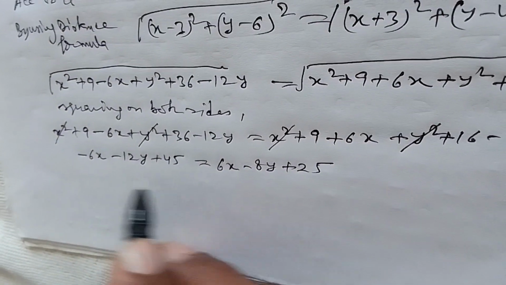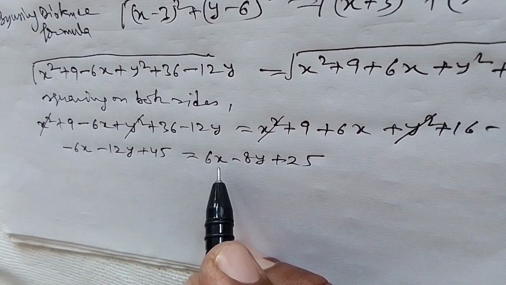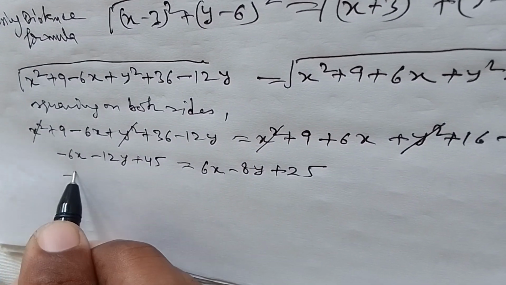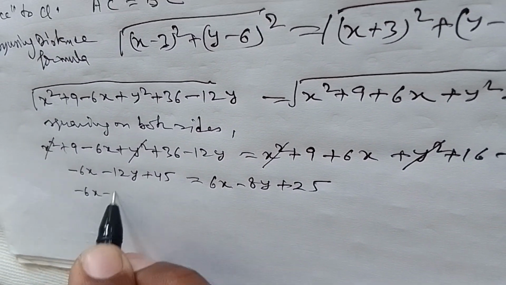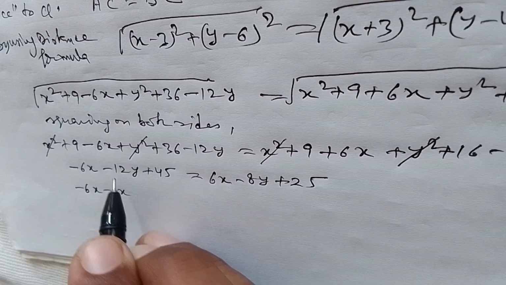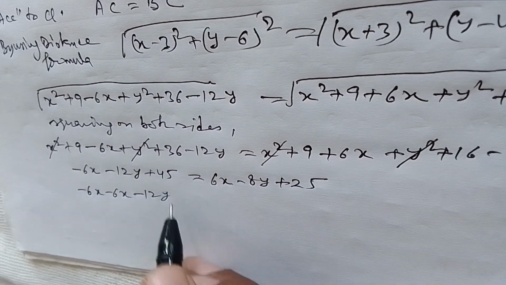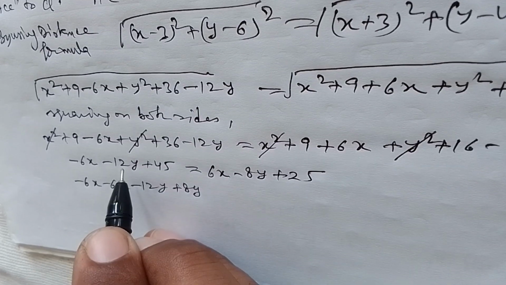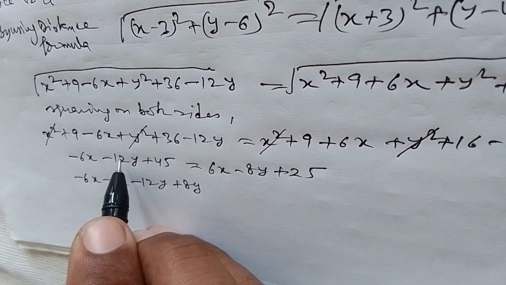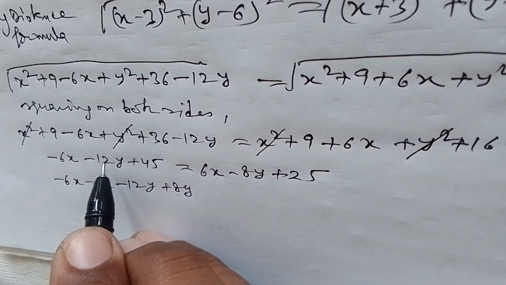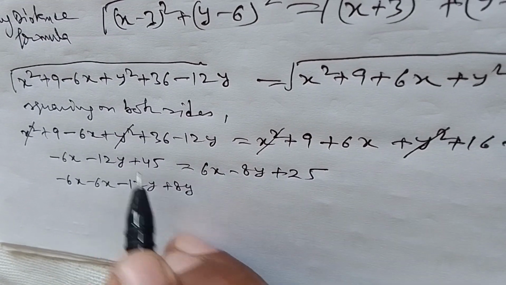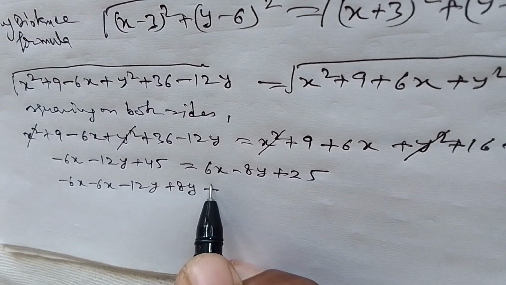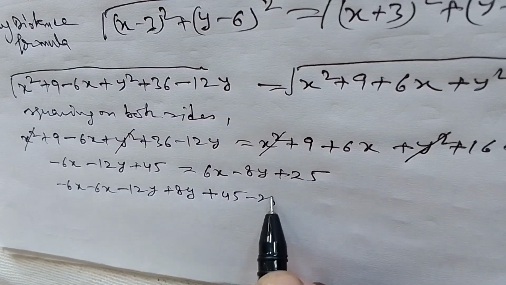So 6x minus 6x comes out to be minus 6x minus 6x, which is minus 12x. Minus 12y plus 8y: the minus 8y becomes a plus sign when we carry it to the other side, and then 25 becomes negative when we carry it to the other side, so it will equate to 0.